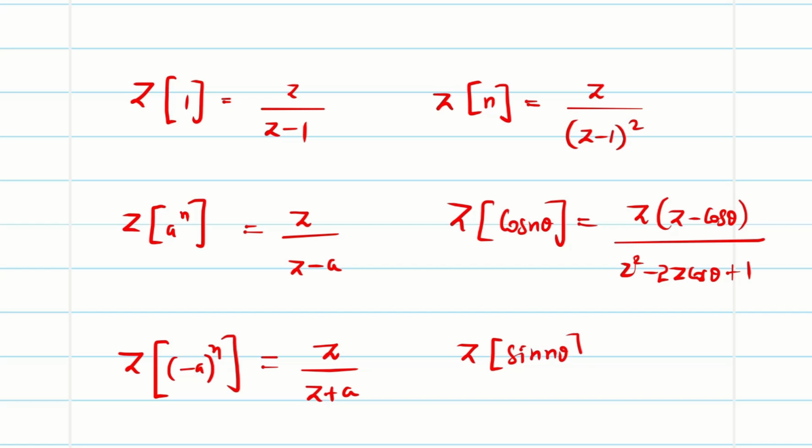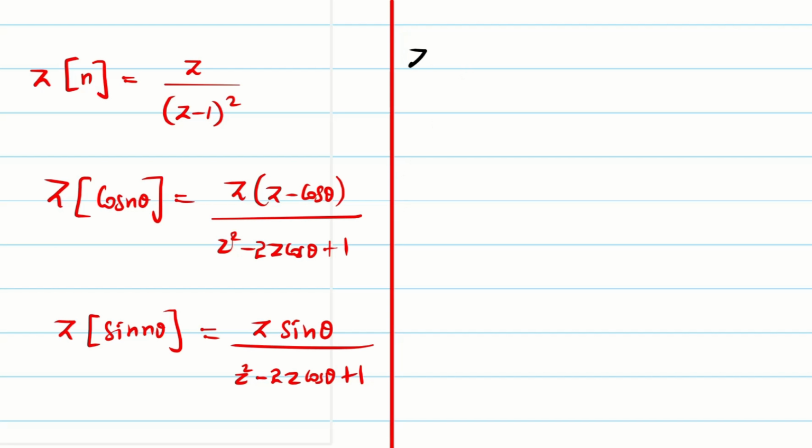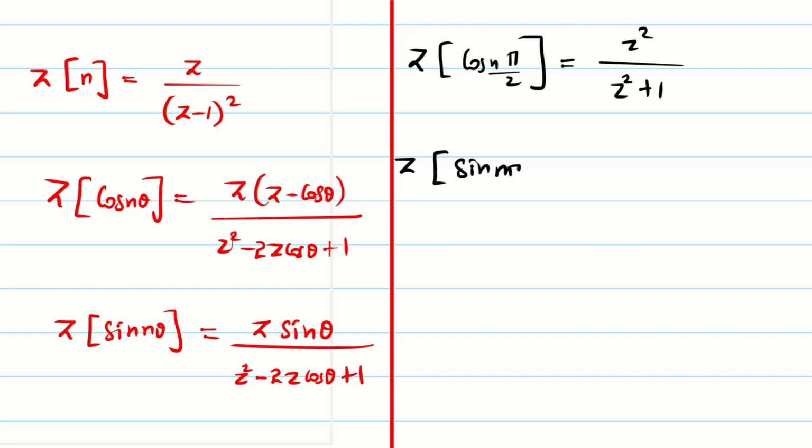Z of sin n theta, that is z sin theta divided by z square minus 2z cos theta plus 1. From this, we get different variations, that is Z of cos n pi by 2, it is going to be z square divided by z square plus 1. Z of sin n pi by 2, it is going to be z by z square plus 1.